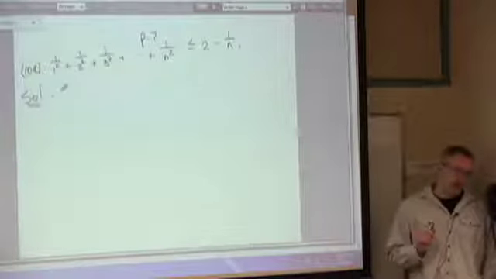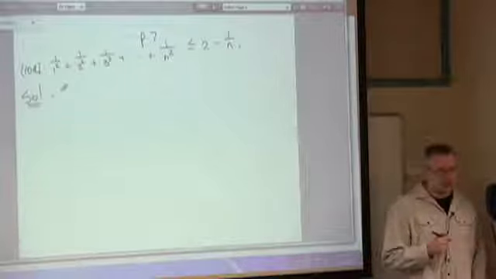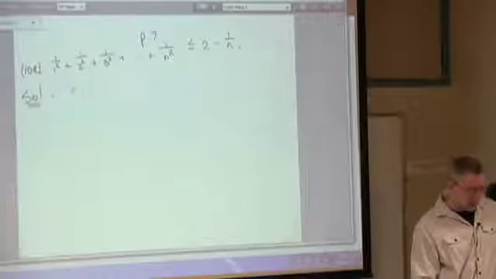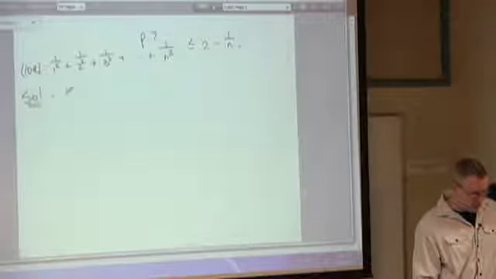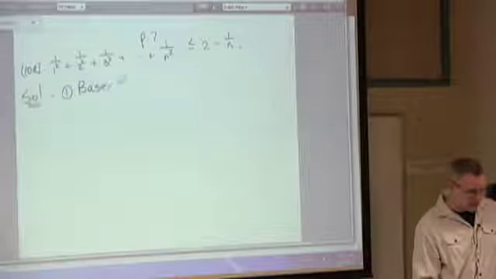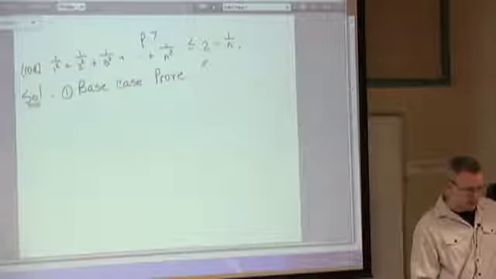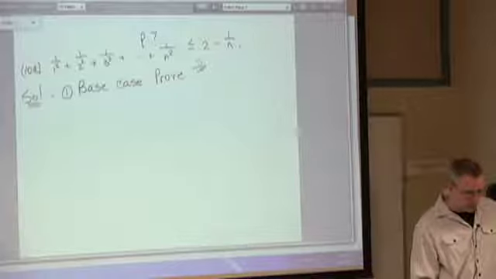Okay. You're trying to prove this is true for every positive integer n. So remember, there are 2 steps that you need to follow here. The first thing you need to establish is the so-called base case, right? And that is, you want to verify that 1 over 1 squared is less than or equal to 2 minus 1 over 1, right?